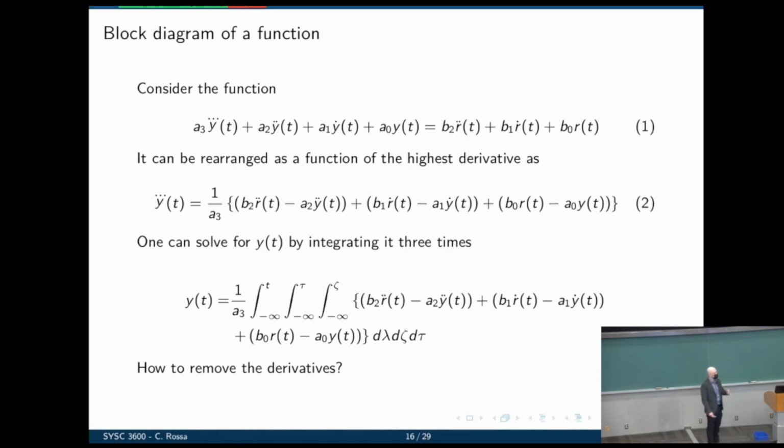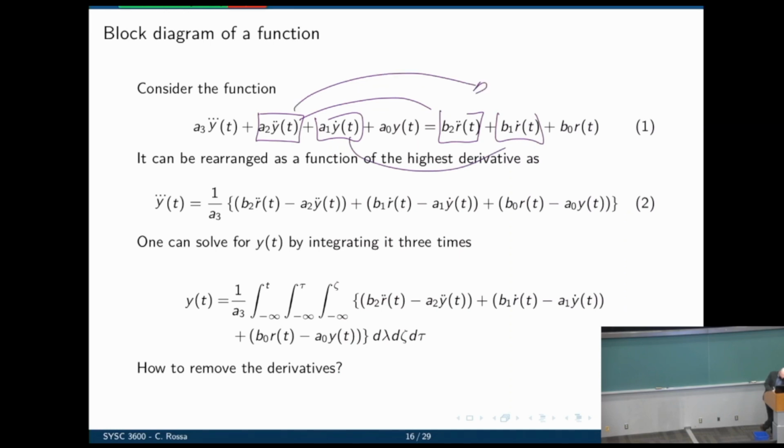The first step is to solve for that. If you isolate y triple dot, we can move all other elements to the right side of the equation. Notice that I'm grouping terms with the same degree of derivatives and putting them together. So these go to the other side, they become negative. Here it is, associated with r double dot, y double dot, r dot and y dot, r and y. I'm just grouping them together for simplicity.